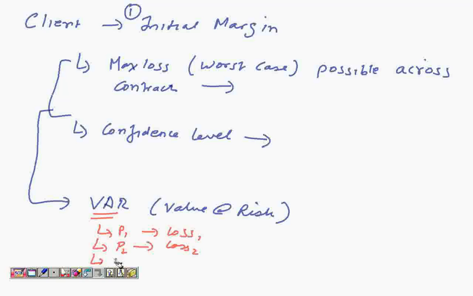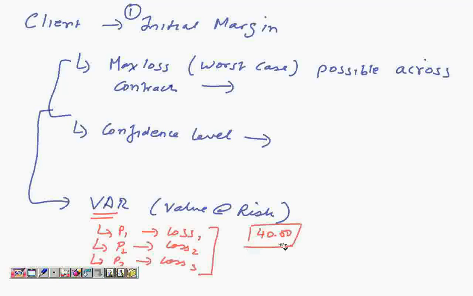They look at price 2 and understand the possible loss. They look at price 3 and understand the possible loss, right? Now you might be wondering that it is not possible to take out this loss for all prices, which is naturally not possible. For example, if the current price is 40, it is not possible that we figure out the loss for all prices at 39.8, 39.7. So it's not really possible.